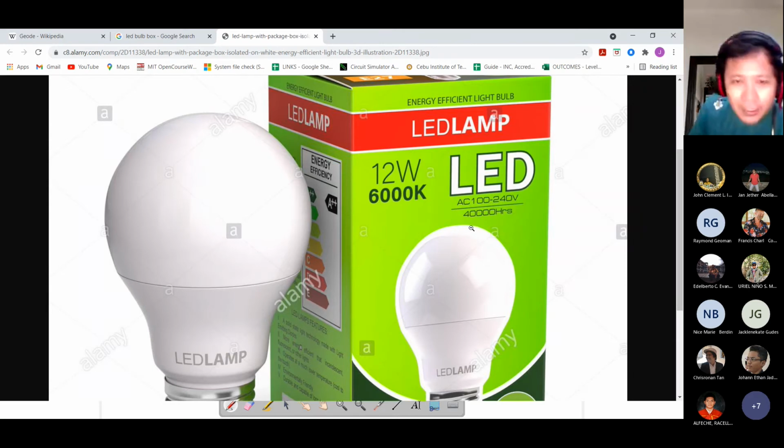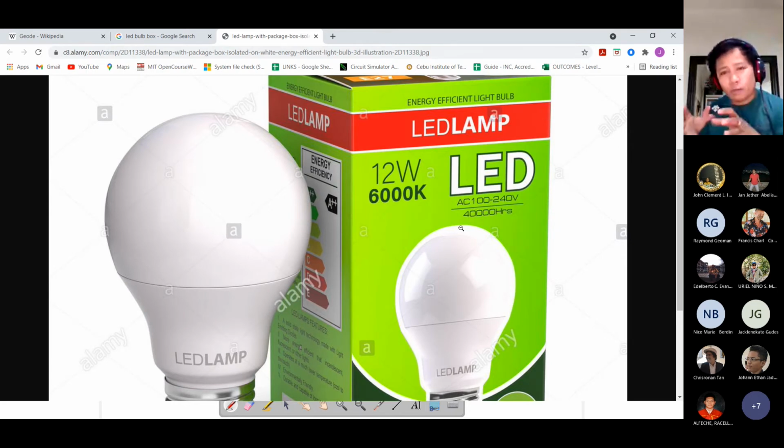But if the equipment doesn't give that, again, you have to ask the manufacturer. Or what if the manufacturer cannot give an average data? So you don't have any choice.